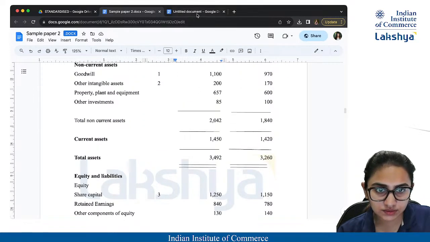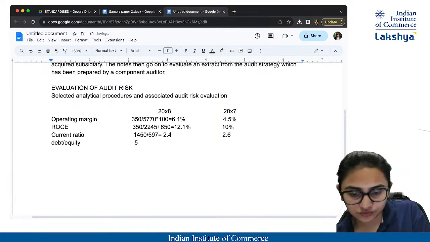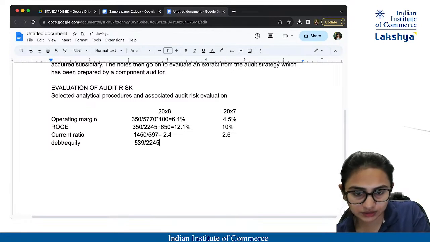So that becomes 539 divided by the total equity.